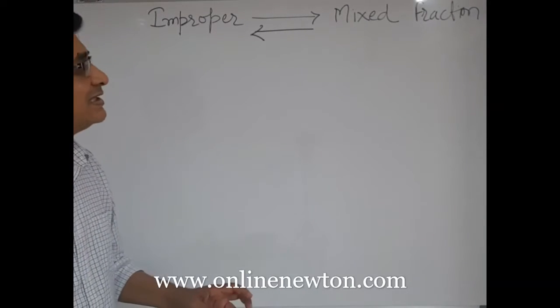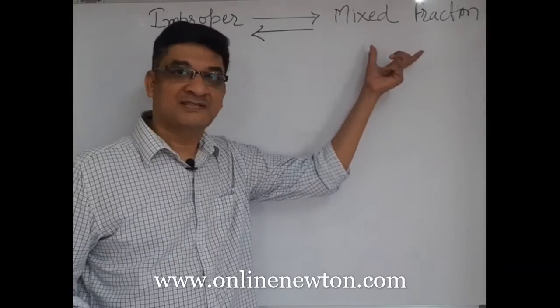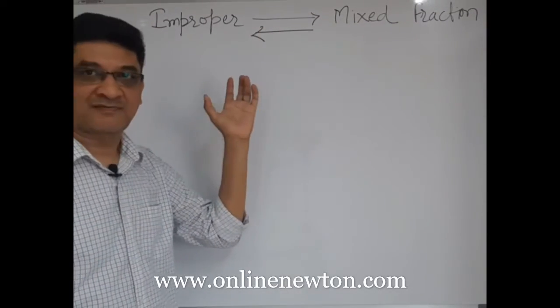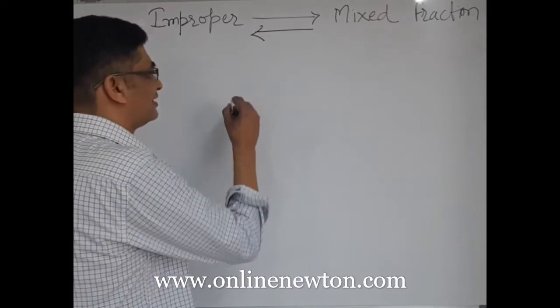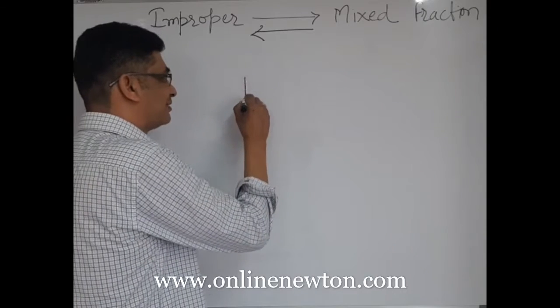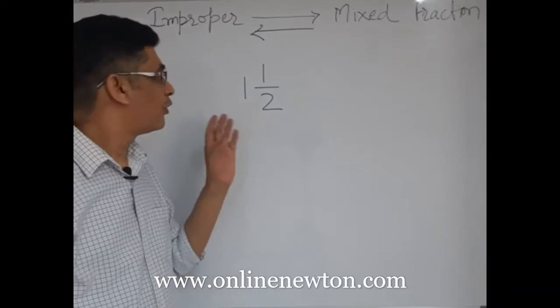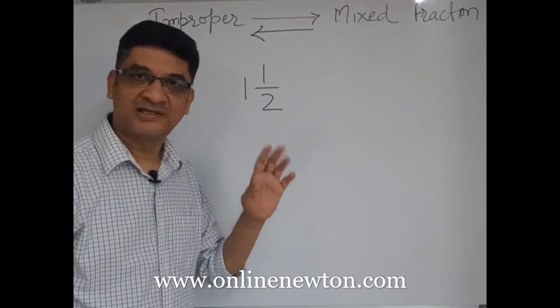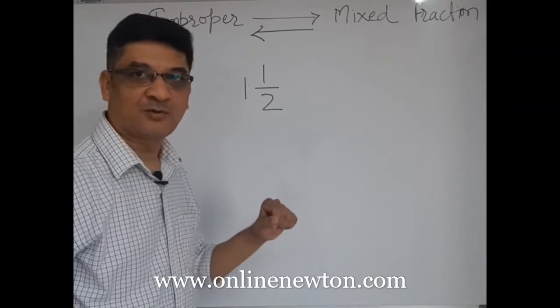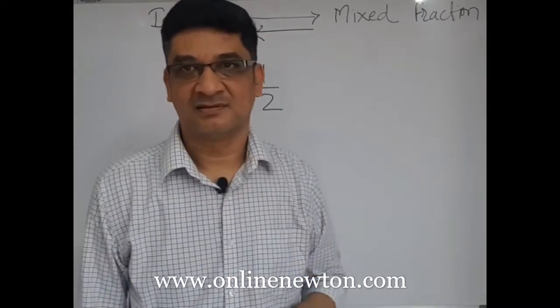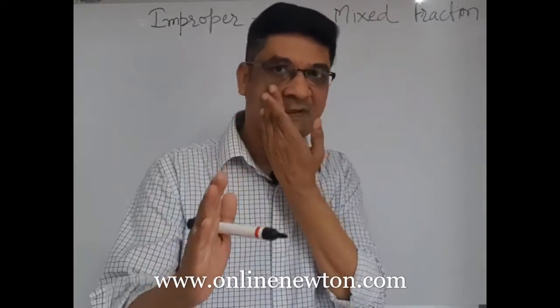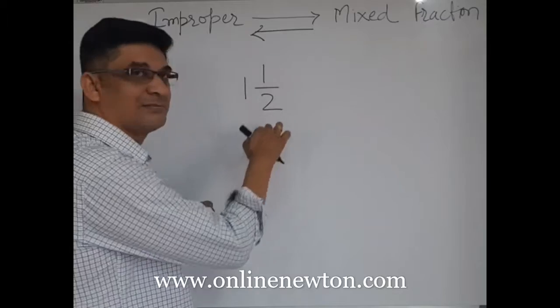Now friends, we will see how we convert a mixed fraction into an improper fraction. For example, we are given a mixed fraction like 1 integer 1 by 2. Now what does 1 integer 1 by 2 mean? It means there is one apple which is divided into 2 equal parts, because this is 1 by 2.